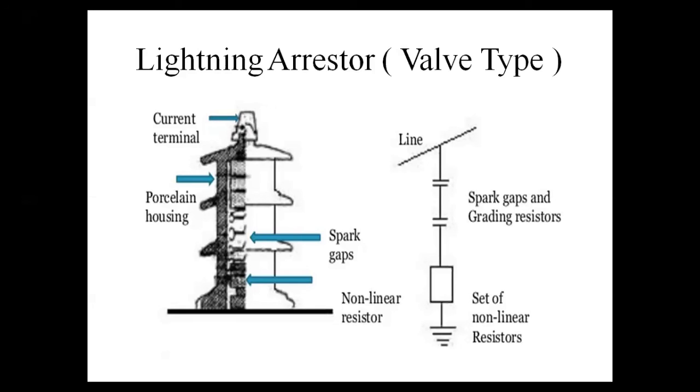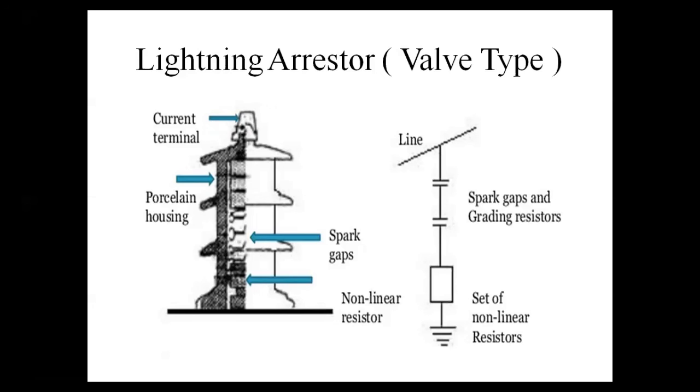So what happens when there is a surge voltage or surge current? The spark gap starts conducting, and the non-linear resistors start offering low resistance. Since the magnitude of the surge current is very high, these non-linear elements offer very low resistance to its passage.